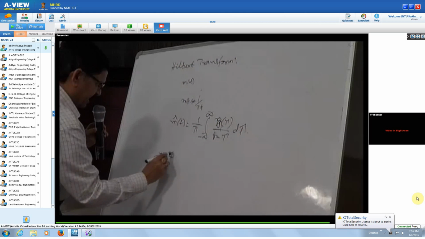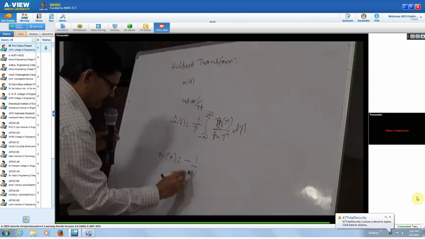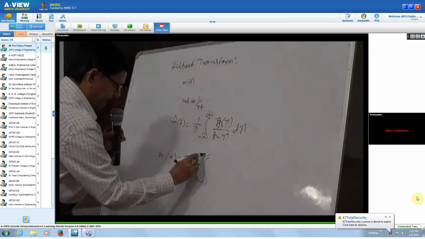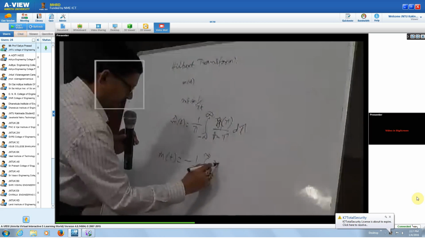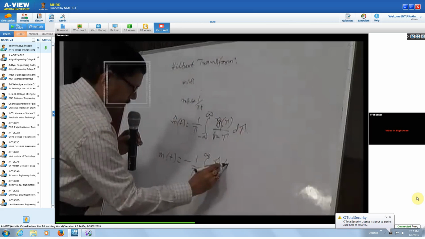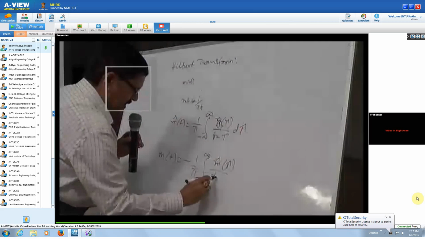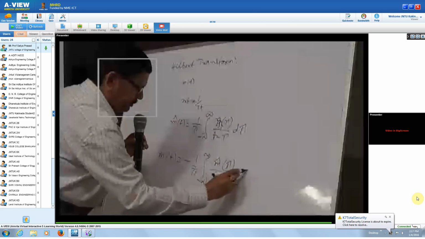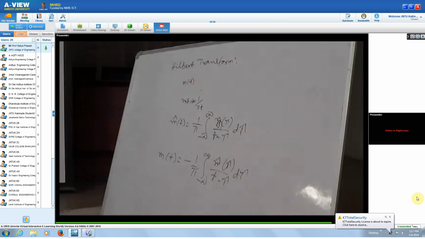So m of t you can get as 1 by pi integral m hat of tau by t minus tau d tau. So this is the Hilbert transform, and the other one is the inverse transform. So we are having a 90 degrees phase shift.